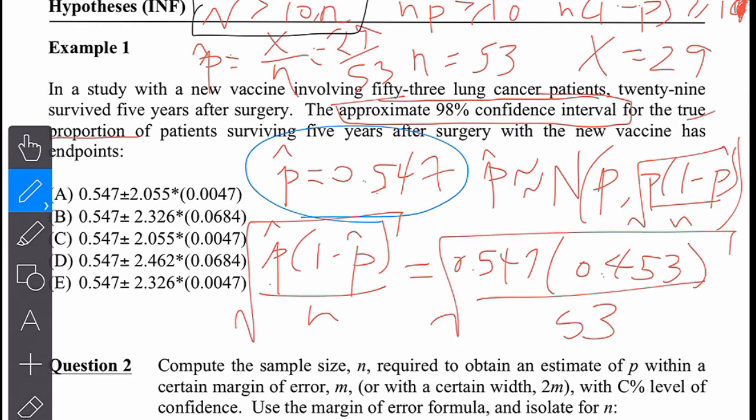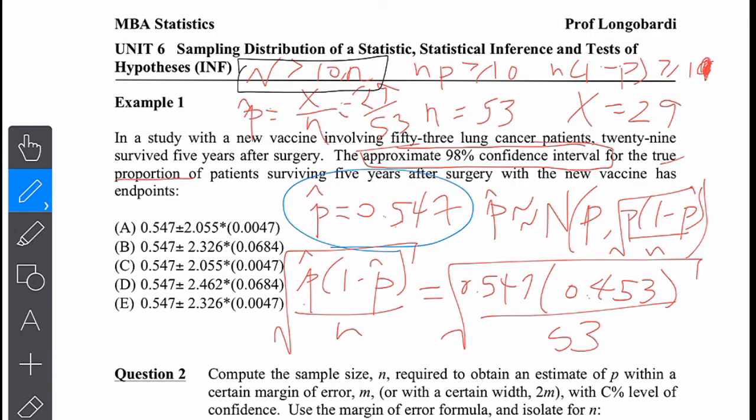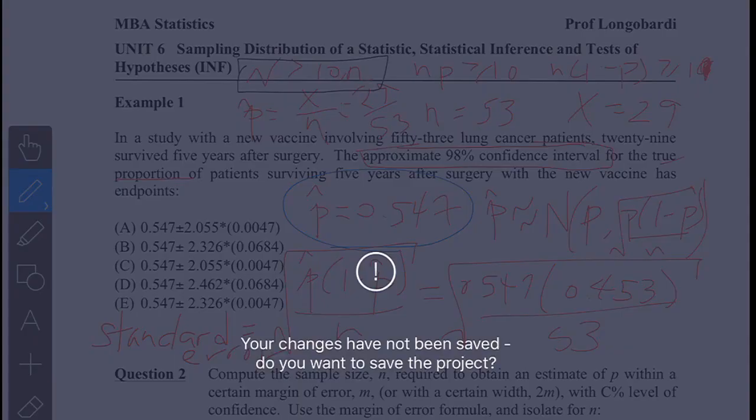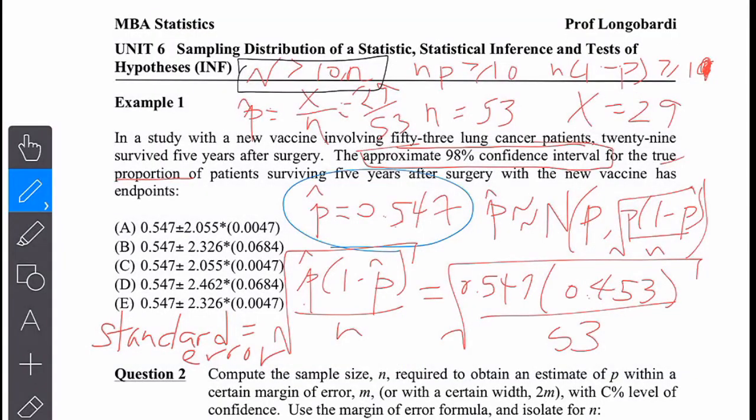Okay, so that is how I calculate what's called now the standard error, not the standard deviation, even though it is the estimated standard deviation of p hat, the estimate for the true proportion.